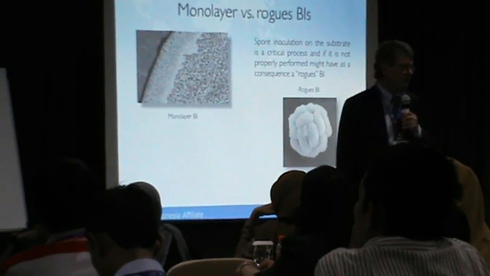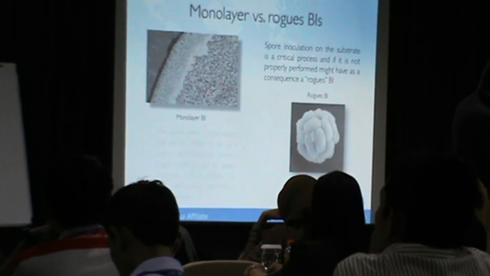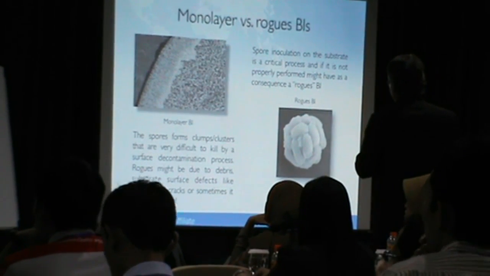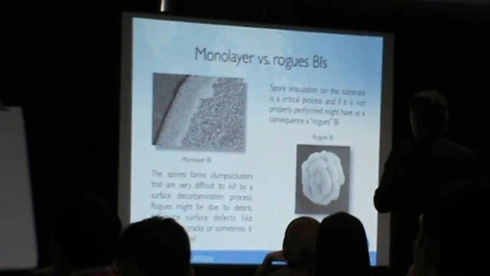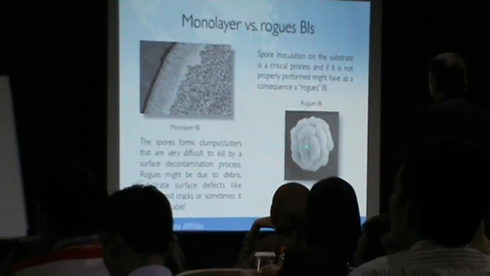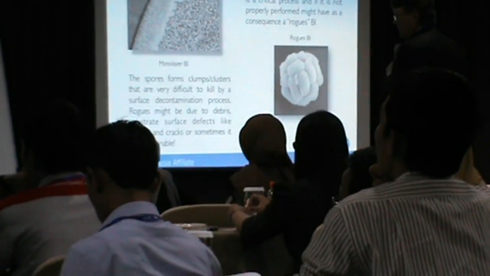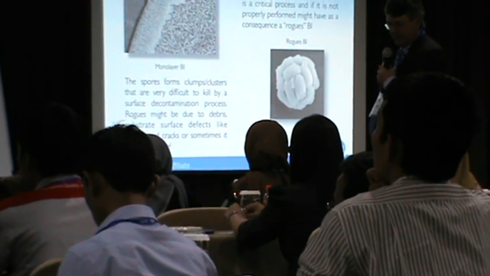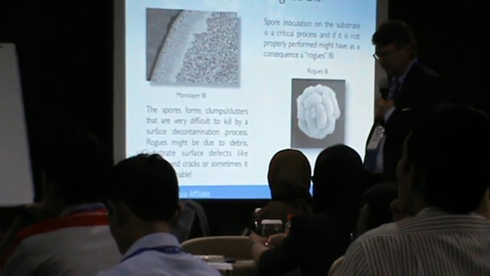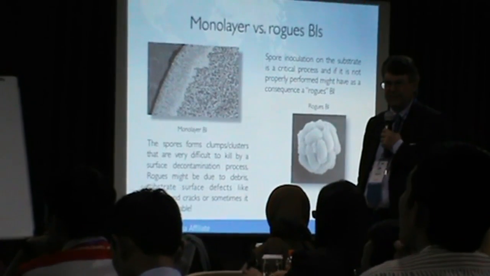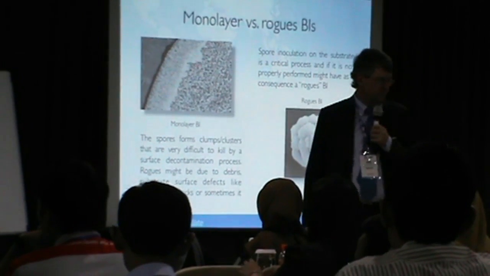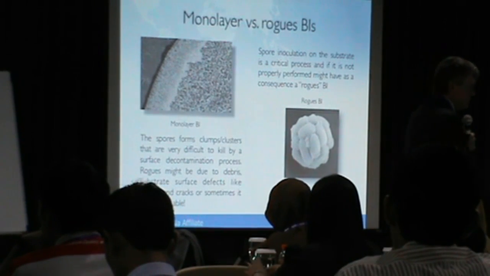And this rogue BI is a kind of cluster, clumps that are very difficult to kill by a surface decontamination process. This BI will have a log reduction of 50. So it's almost impossible to kill because of the configuration of the spores.